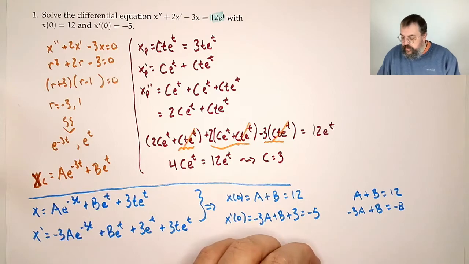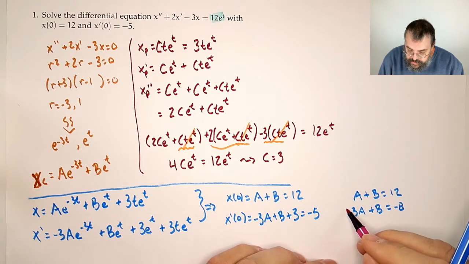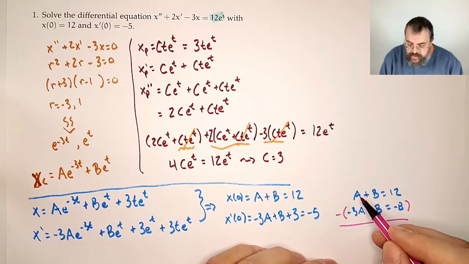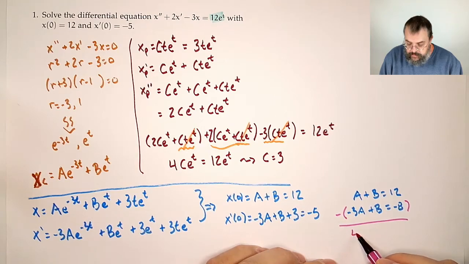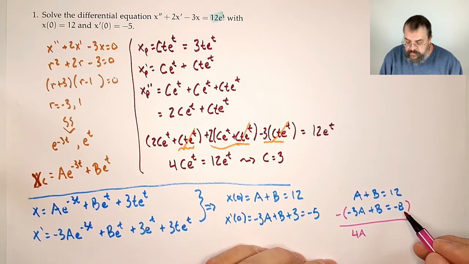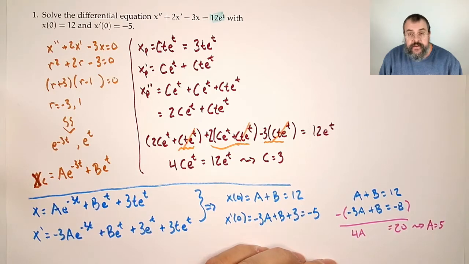Well, we can combine. In this case, there's a really simple way to combine. If we subtract, a minus minus 3a makes 4a, b minus b makes 0, 12 minus minus 8 makes 20. So we say, aha, a should be 5.